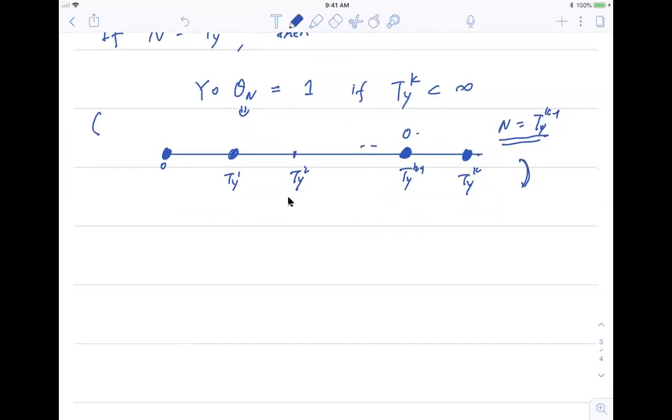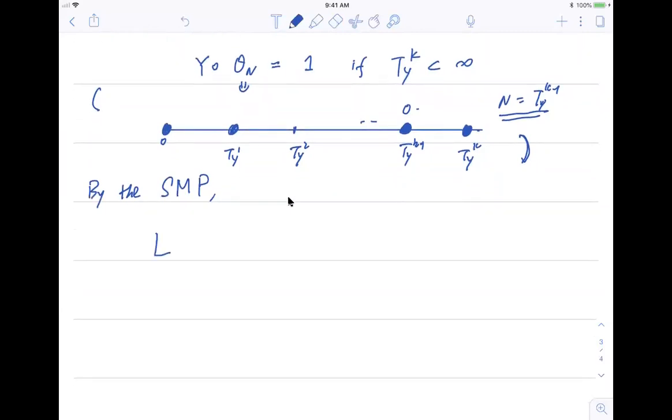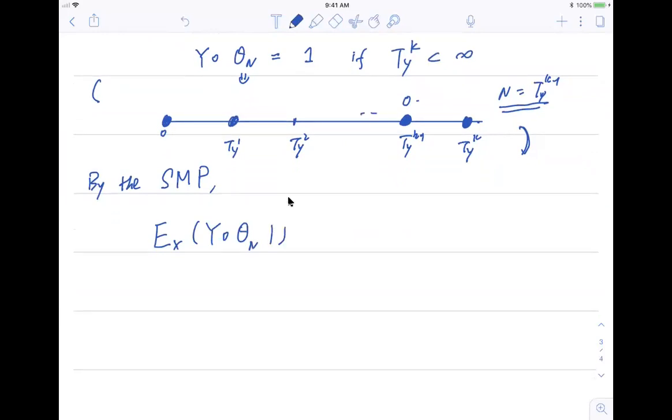So now we just use the strong Markov property. Starting from x, y, we do the shift, and conditioning on the information generated by the stopping time n, it is equal to starting from X_n, for y.